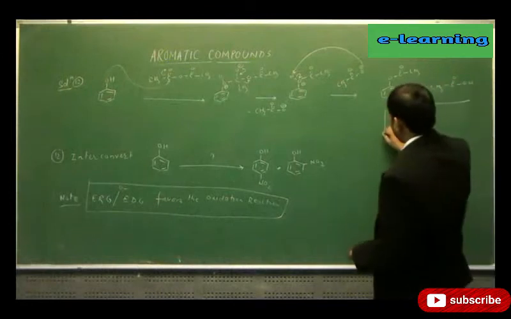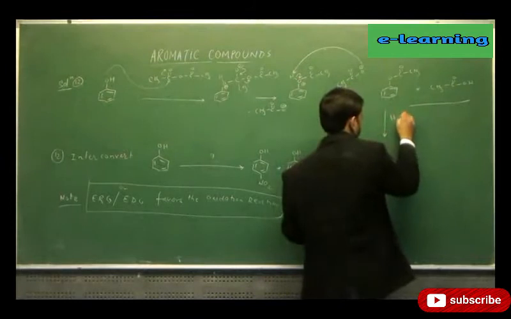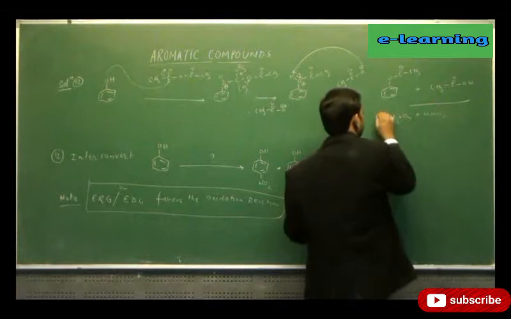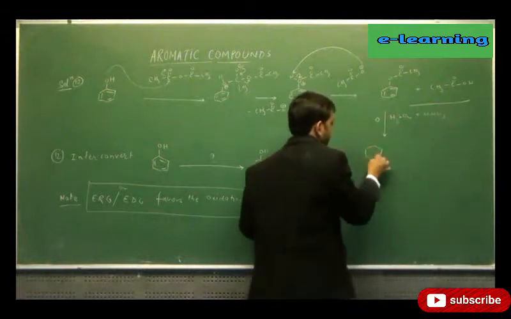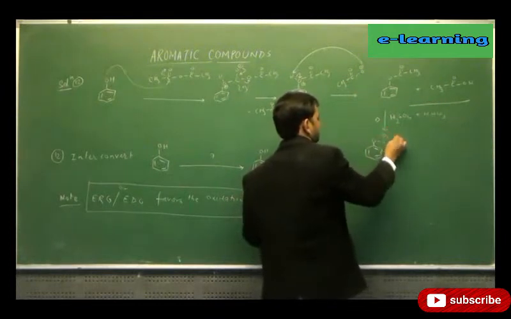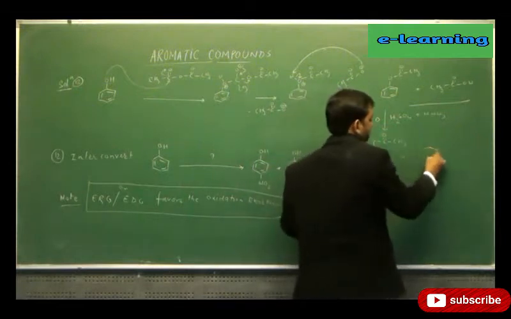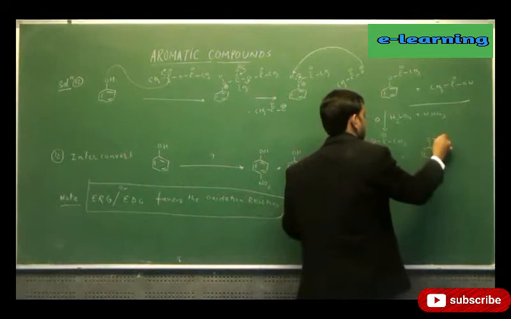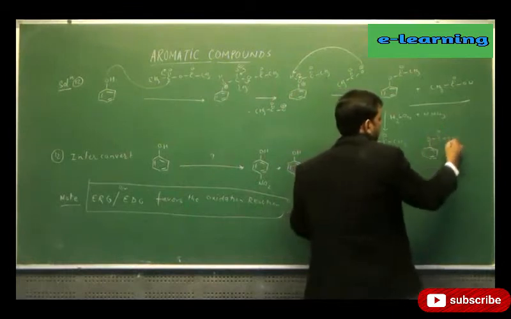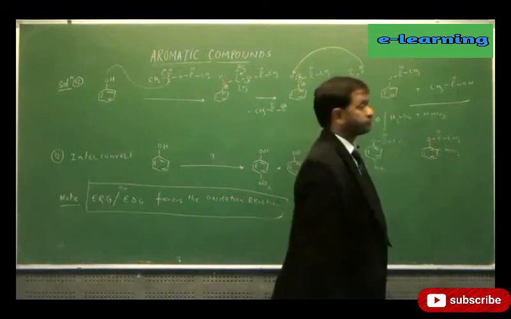Now nitration is done. HNO3 plus H2SO4. It gives ortho-para product, because it is a moderately activating group.